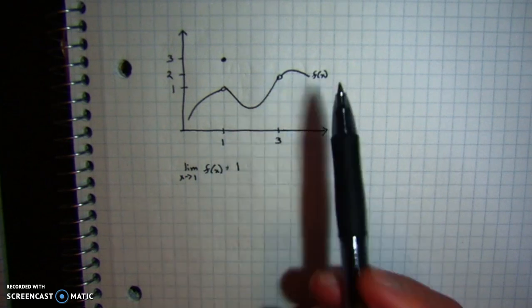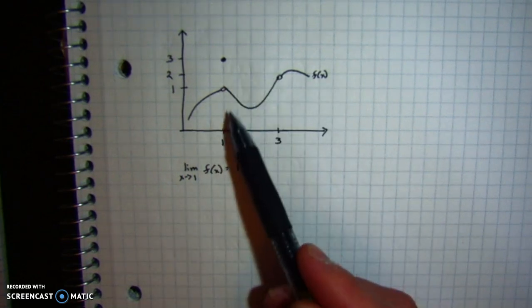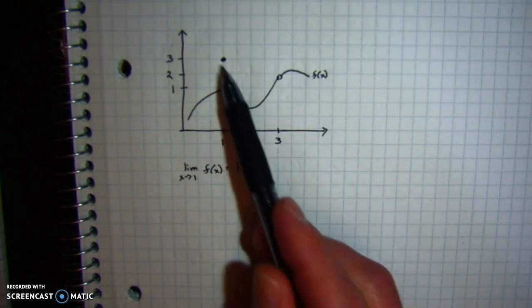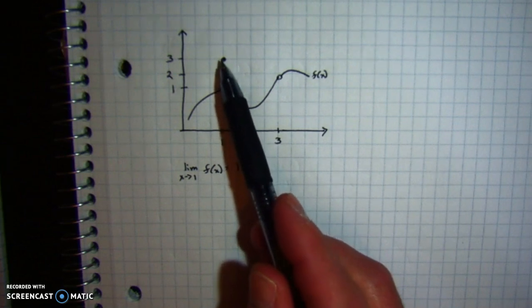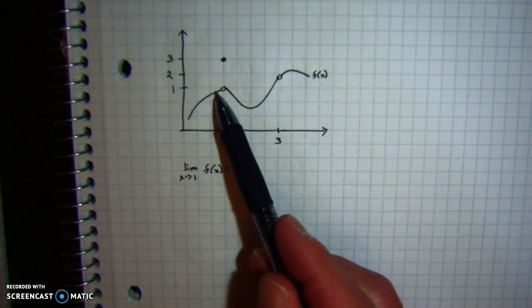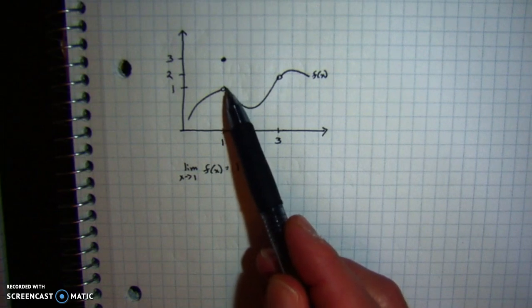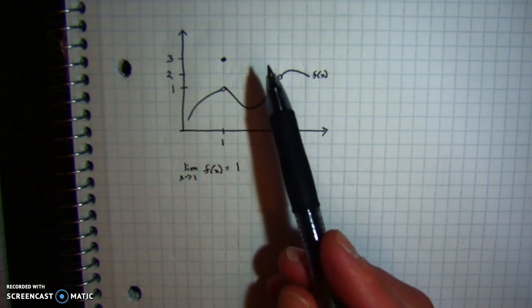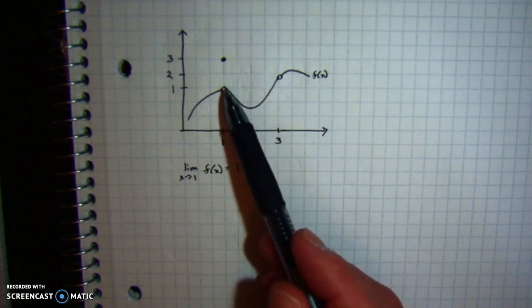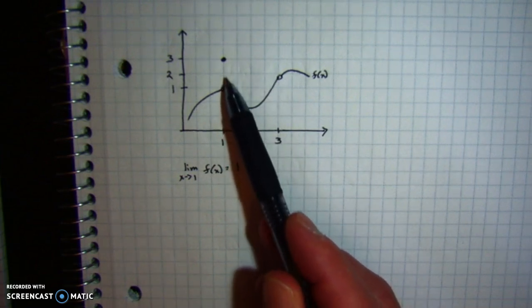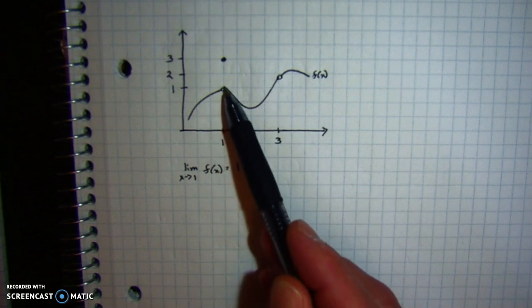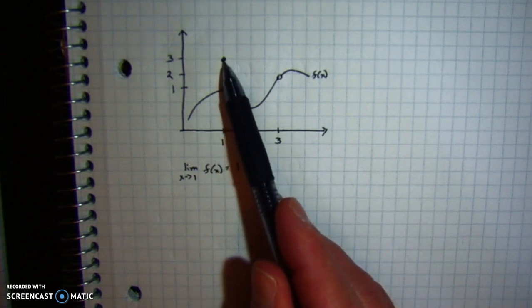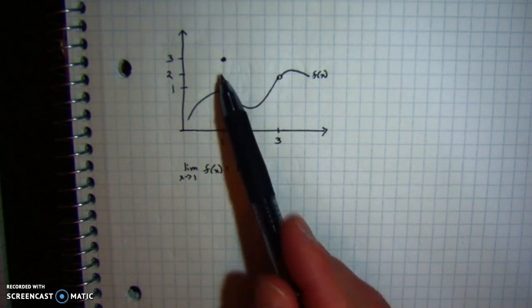Because remember, it's as x approaches 1. At the exact point, x equals 1, it equals 3, and that's true. But as it approaches from each side here, it's going to approach 1. So this can be one of those funny instances where the limit is not necessarily going to be how the function is defined at that point.